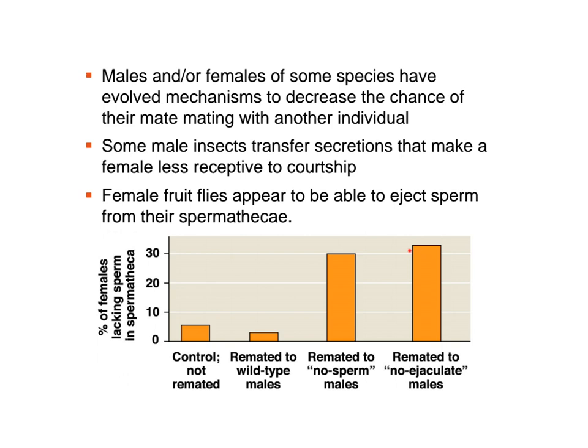And you get very similar results when the second mating was with a male that goes through all the steps of copulation but doesn't actually ejaculate. Again, there's a high percentage of females lacking sperm in the spermathecae. So this indicates that she's somehow ejected the sperm from the first mating in order to make room for sperm from the second mating, but in this case there was no sperm because there was no ejaculate.